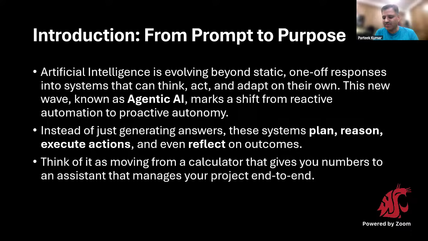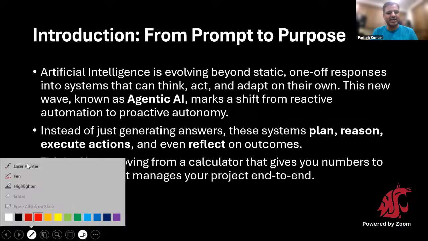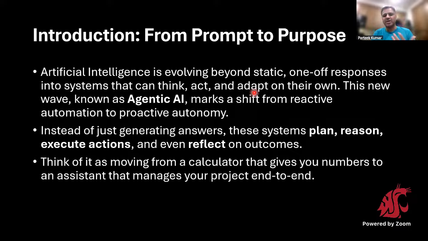So you see that we all are using ChatGPT, and this is basically for using prompts for our day-to-day activity. But now from prompt, we have moved to purpose, where these AI agents are much beyond those static one-off responses. Normally ChatGPT is a question answering system. You give the prompt, and based on that, it gives you the responses. But here we are looking for a system which can think, act, and adapt on its own.